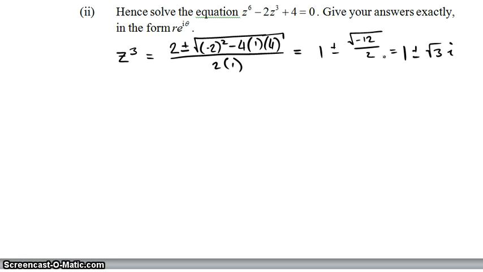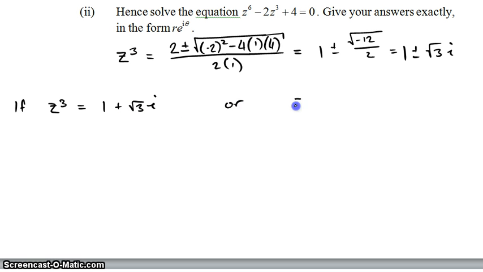So we've got two possible solutions. If z cubed is equal to 1 plus root 3 times i, then we actually already have the solution, right? So we can take our solution from C part 1.